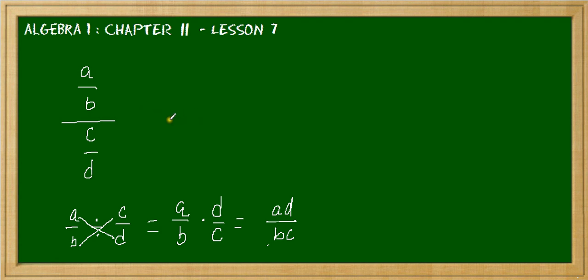Now if we look at the example that we have over here, we have A over B, and we can say that A over B, if we're going to try to create, excuse me, a common denominator, we would have to then multiply A over B by BD, which would be the two denominators, right?